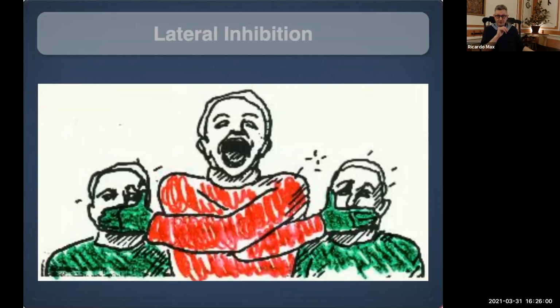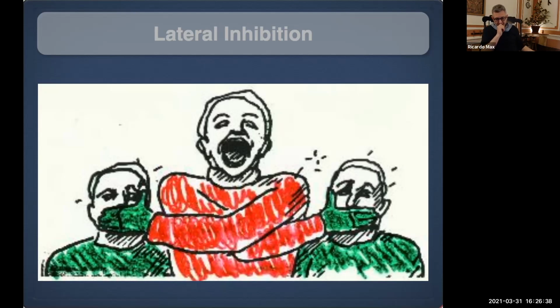Okay, lateral inhibition, that's very important. The idea of lateral inhibition is the amplification of a given perception by shutting down, by inhibiting everything around it, by inhibiting the background and intensifying the foreground.